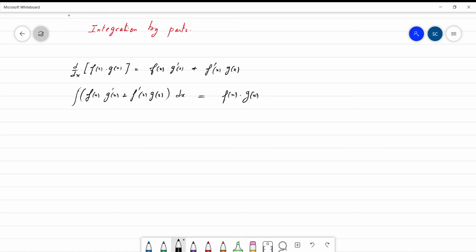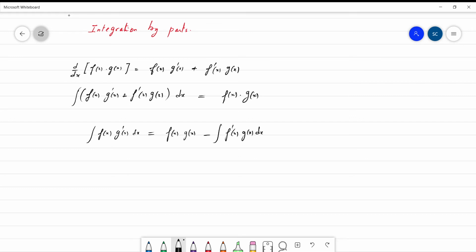If we separate the integrals, I can deduce the following: the integral of f(x) g'(x) dx equals f(x) g(x) minus the integral of f'(x) g(x) dx.